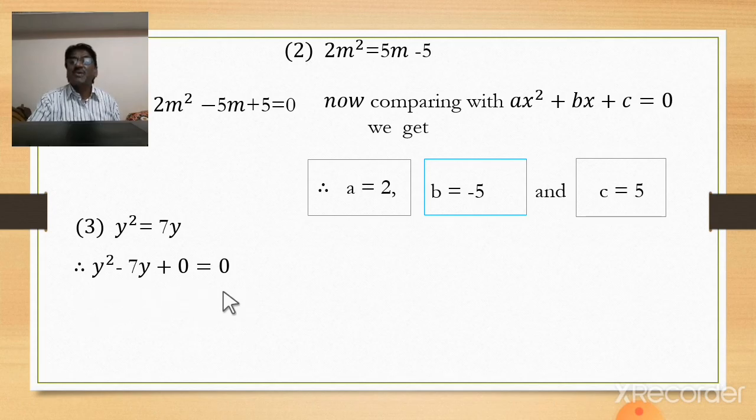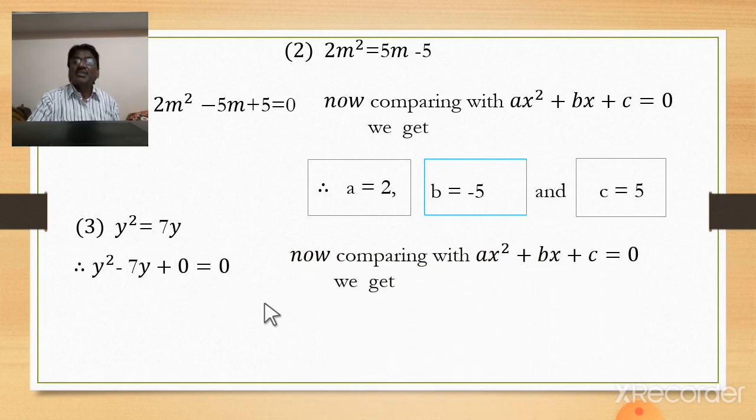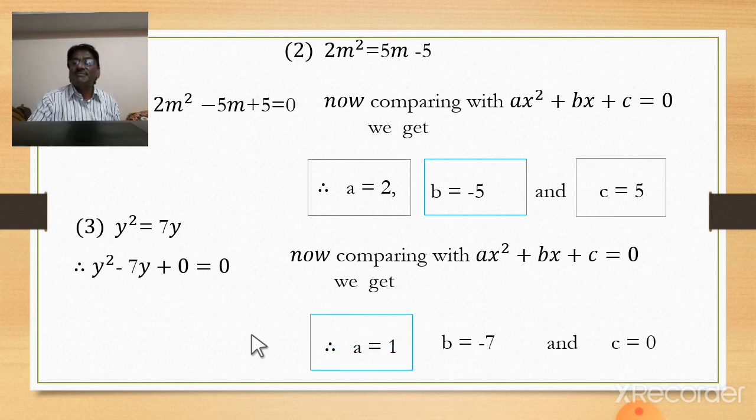That equation is in the form ax square plus bx plus c is equal to 0. Now comparing with ax square plus bx plus c is equal to 0, we get the value of a is equal to 1, b is equal to minus 7 and c is equal to 0. In this way we find the values of a, b and c.